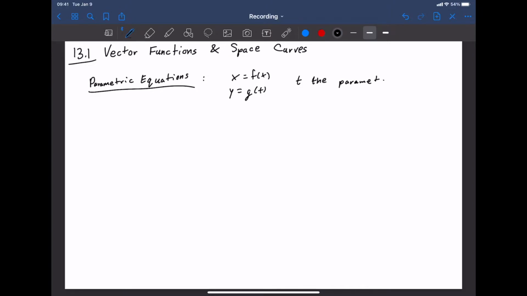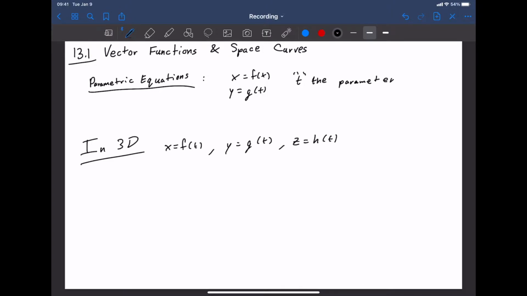If we're talking about a 3D vector function, and we would like to talk about multiple dimensions, then in 3D we'll have a function for x, a function for y, and a function for z.